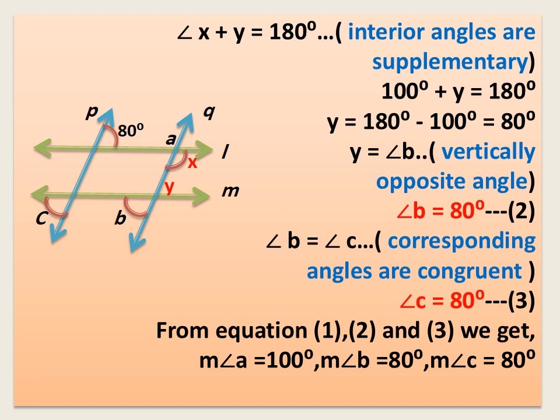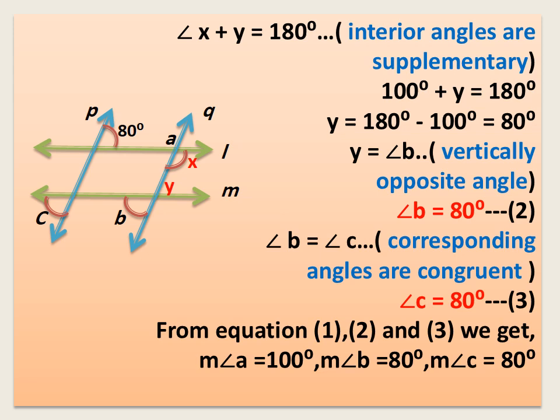Now taking transversal M, angle C and angle B make corresponding angles. When the lines are parallel, the corresponding angles are equal. Therefore, angle B is equal to angle C. Therefore, angle C is equal to 80 degrees.